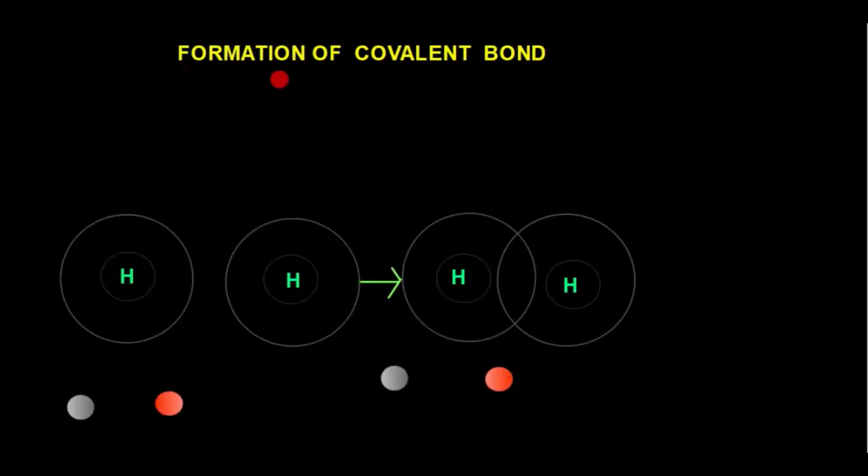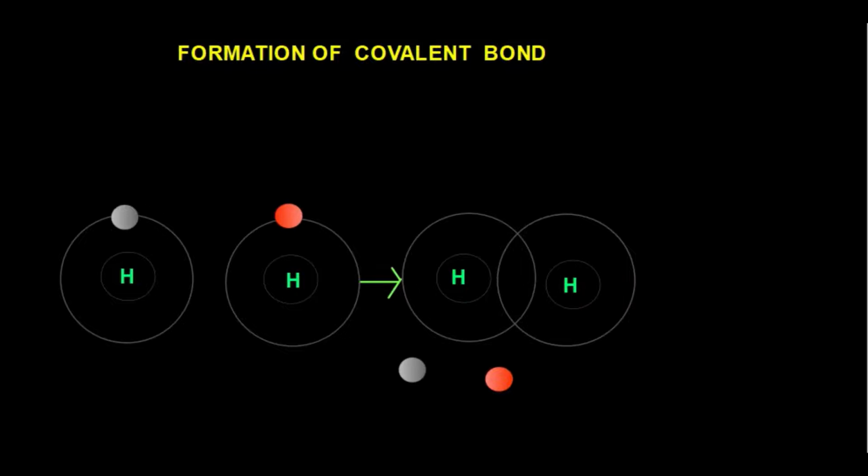Now we will study the formation of covalent bond in hydrogen molecule with the help of electron dot structure. This is the hydrogen atom which has one electron in its first shell, that is in K shell. Likewise, this hydrogen atom also has one electron in its K shell.